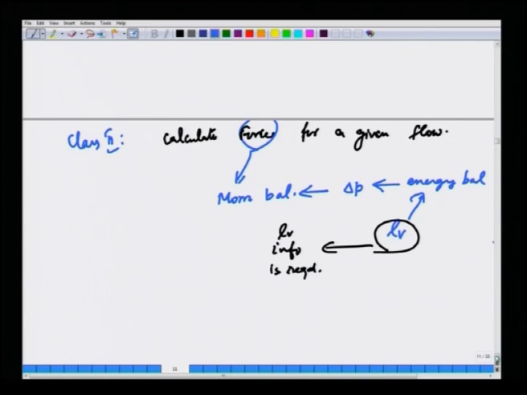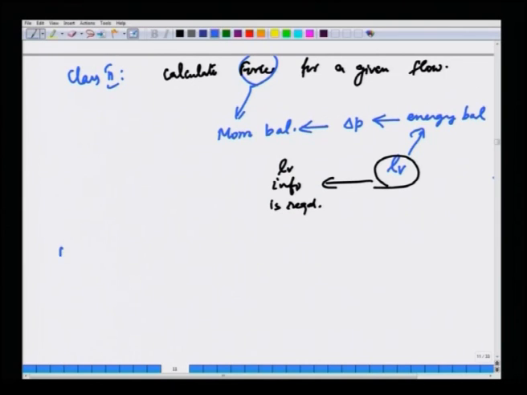The third class of problems involves the following. Here we may be asked to calculate delta P for a given flow. You will be given a flow, the velocity; what is the delta P that is required?